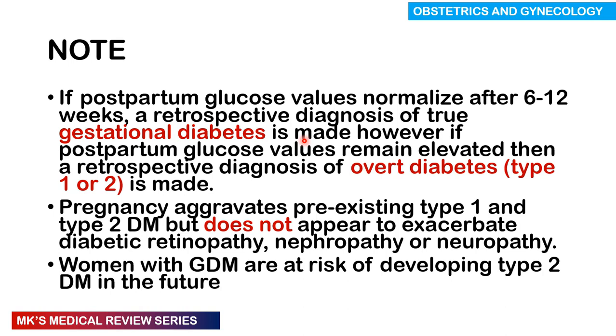However, if the glucose readings do not normalize or they remain elevated past 12 weeks, then you have a retrospective diagnosis of diabetes, which is pretty much either type 1 or type 2, depending on what you have.